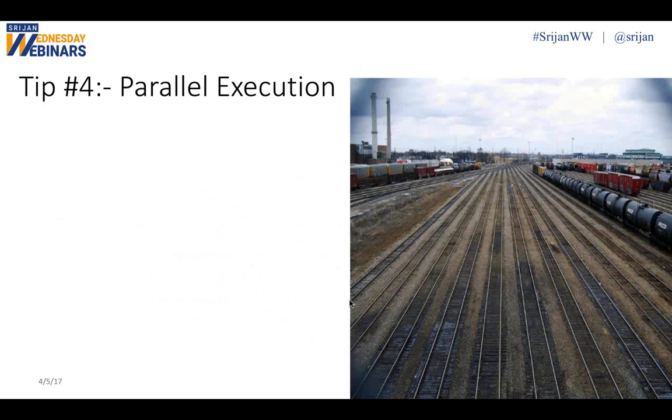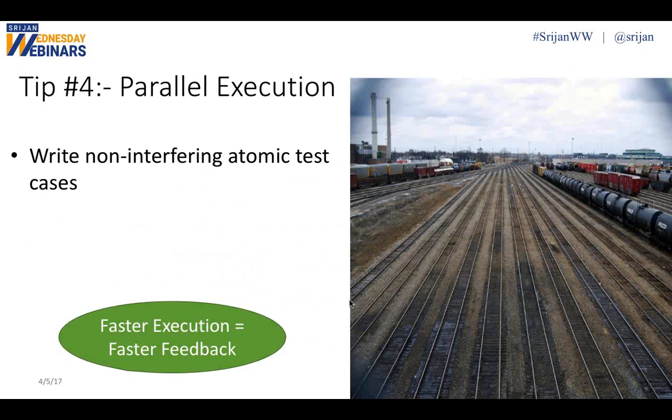One important criterion for that is to write non-interfering atomic test cases. What I mean by non-interfering is, when a particular test case is running, make sure that if you run some other test case in parallel, they don't interfere with each other. For example, if a test case is changing some global configuration value, the other test case should not get affected. So isolate your test cases.